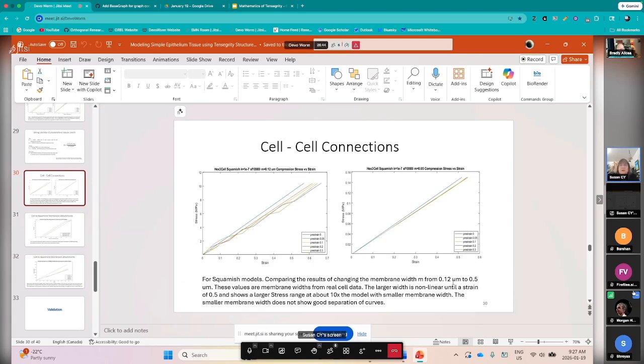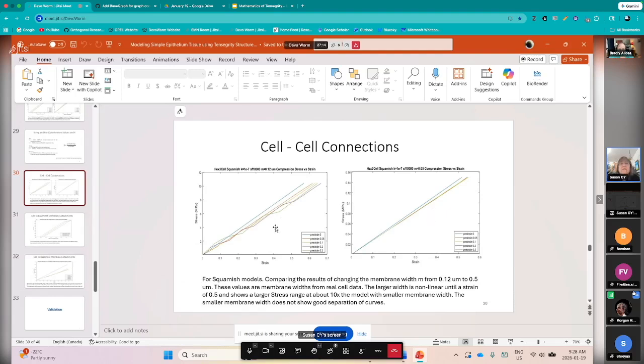This is the results of changing membrane width from 0.12 to 0.5 micrometers. So this is 0.12 micrometers in depth, and this is 0.5 micrometers in depth.